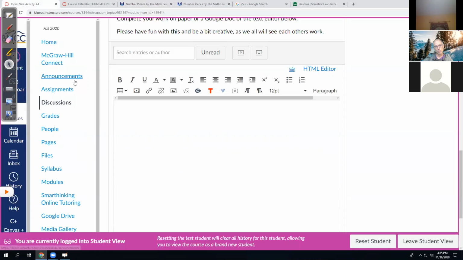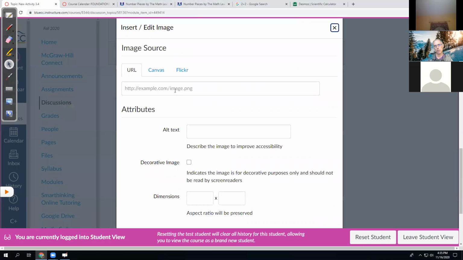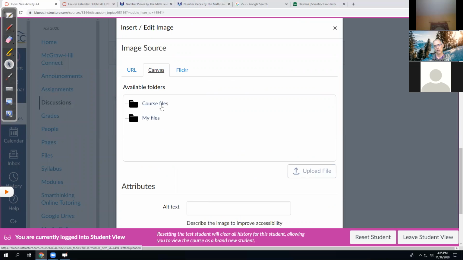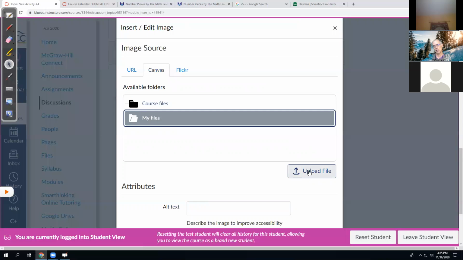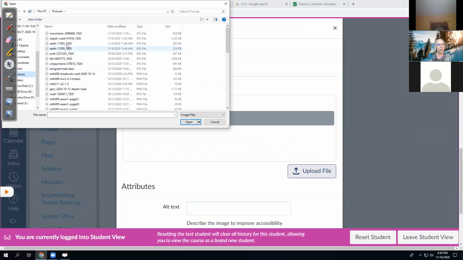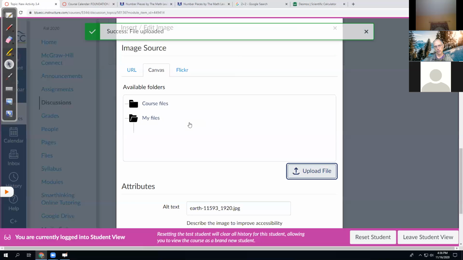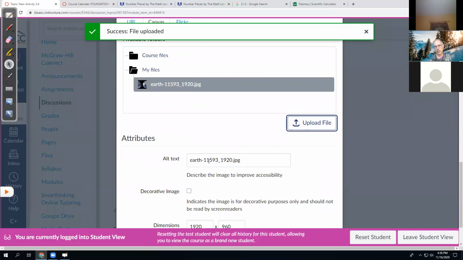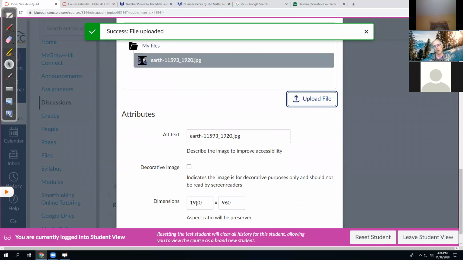But if you have an image on your computer, you just click the embed image button here, and then you switch over to Canvas, My Files, and that allows you to upload any file you want from your computer. So if you have a good picture that you want to include, you can go grab it. It'll give it alt text, which is the name of the file. It'll tell you how big the file is. So this is 1,920 pixels wide.